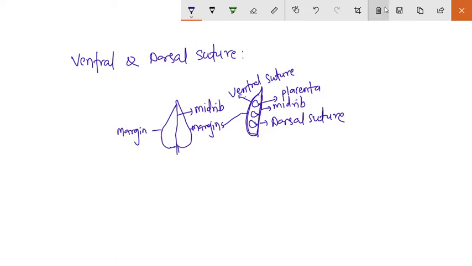So the next is the placentation. These ovules may be attached to the ventral sutures, or it may be at this side. The placentation means the arrangement of ovules inside the ovary.